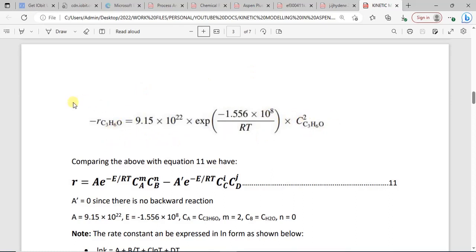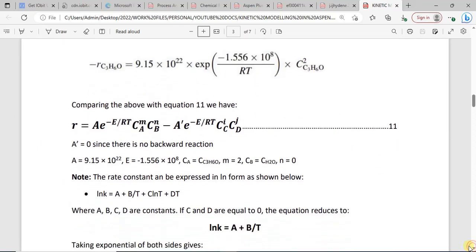So if we compare it with equation 11, you will see that A prime is equal to 0, because equation 11 is this minus this, and from here we don't have any minus and we don't have any other expression afterward. We just have the first expression, which represents the forward reaction, so automatically you will know that A prime is equal to 0.